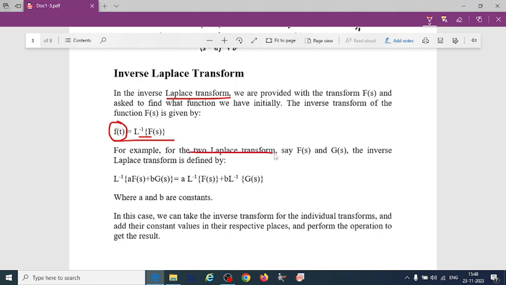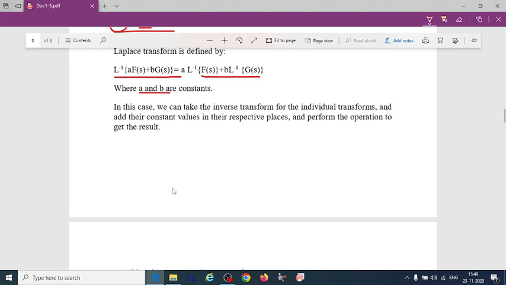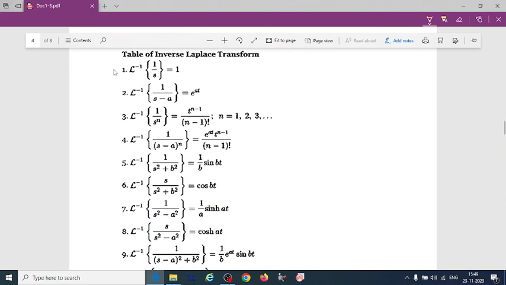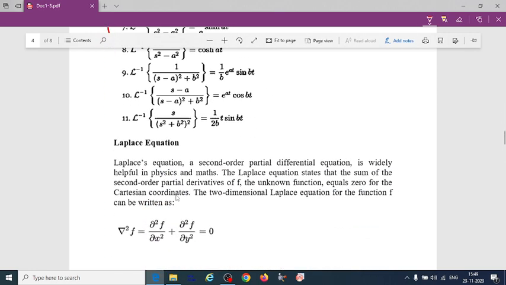For two Laplace transformations also you can write the inverse Laplace transformation if constants a and b are involved. The inverse Laplace transformation formulas also you have to practice. If you understand Laplace transformation, you can easily write the formulas for inverse Laplace transformation, the reverse of that. Okay, try to practice these formulas also.